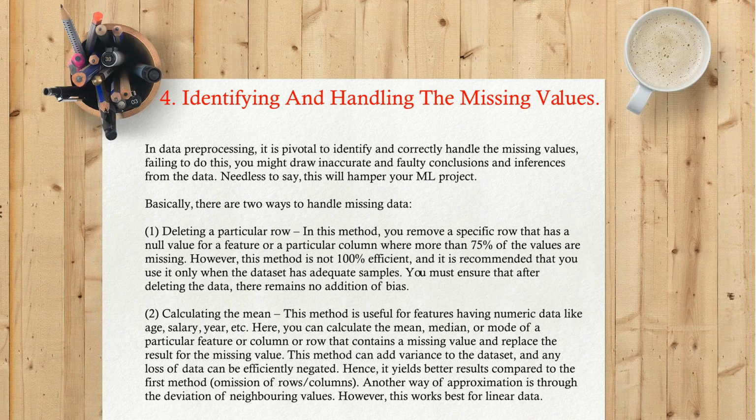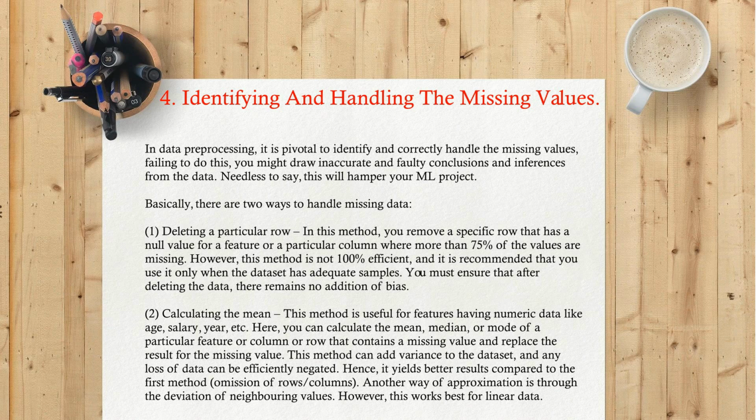In this method, you remove a specific row that has a null value for a feature or a particular column, where more than 75% of the values are missing. However, this method is not 100% efficient, and it is recommended that you use it only when the dataset has adequate samples. You must ensure that, after deleting the data, there remains no addition of bias.